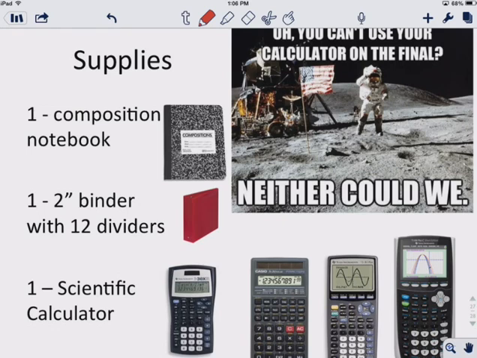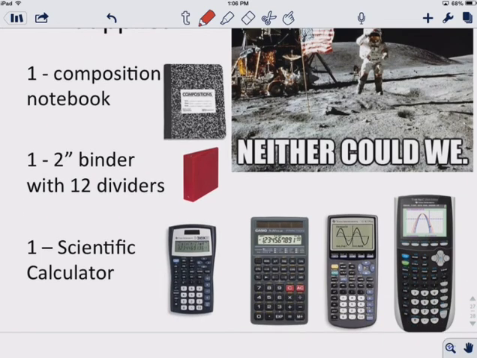We'll need a 2-inch binder with 12 dividers and some type of scientific calculator. A graphing calculator is not necessary, so please don't spend excessive amounts of money. A $5 to $10 scientific calculator is sufficient for this course, but I will not be able to provide those for you, so the expectation is that you have one yourself.